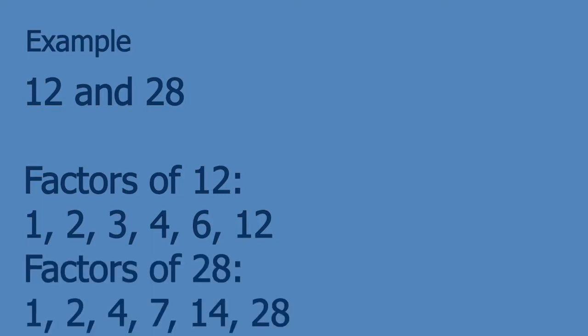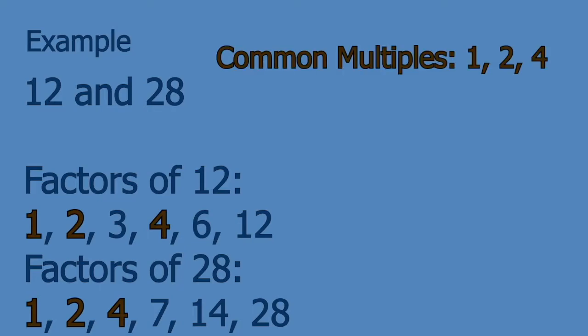Factors of 28 are 1, 2, 4, 7, 14, and 28. Guess what? They share the numbers 1, 2, and 4. Now, 1, 2, and 4 are common factors of 12 and 28. But when you're looking for the greatest common factor, or greatest common divisor, however you want to call it, you're looking for the largest one that they share. In this case, it's actually 4. So our greatest common factor of 12 and 28 is 4.